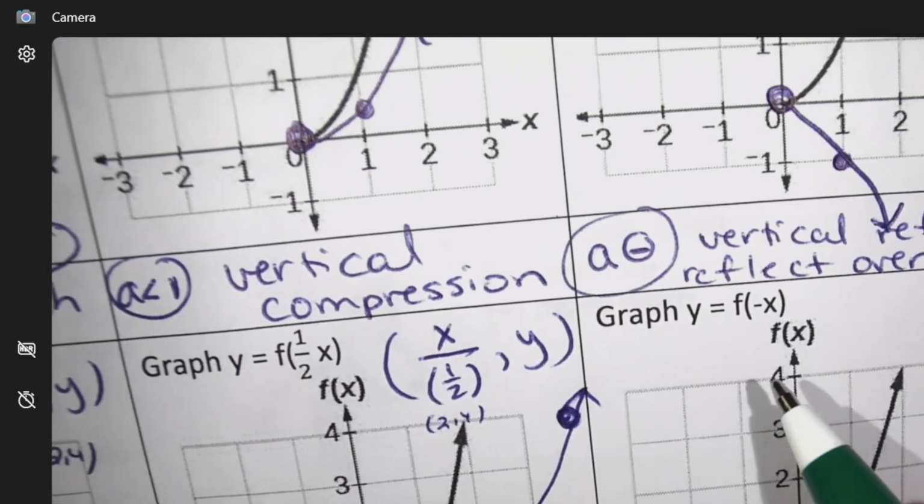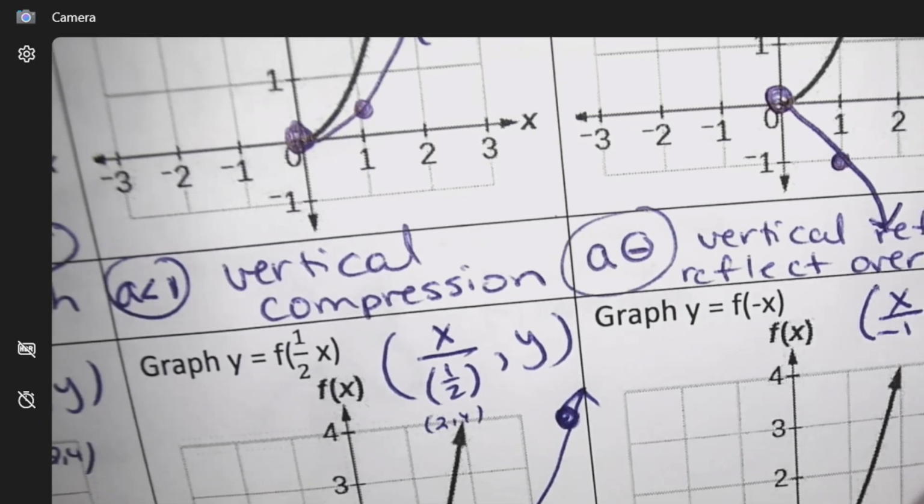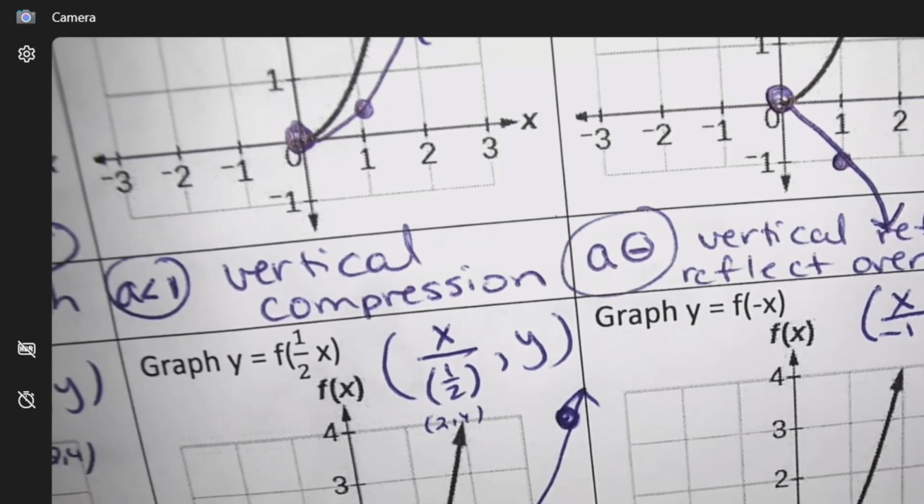Okay, and then -1. So what happens if I divide by -1? It really just negates something, right? Dividing by -1 just negates something.